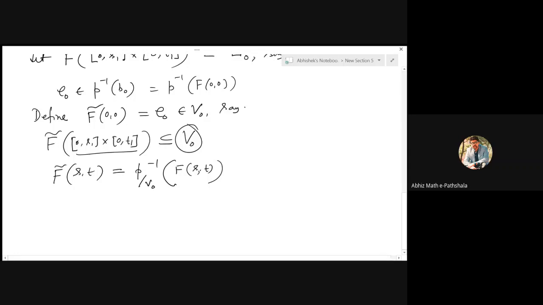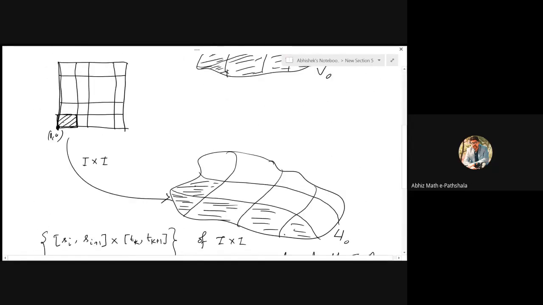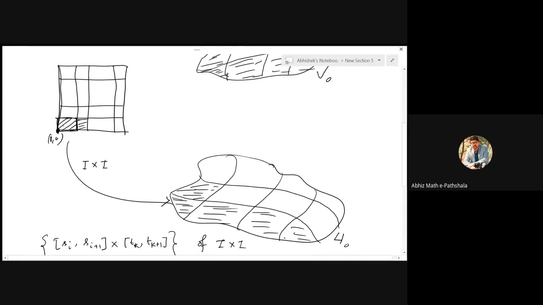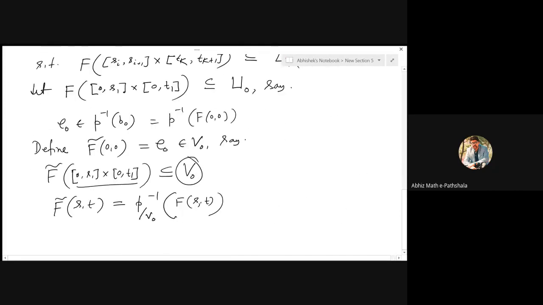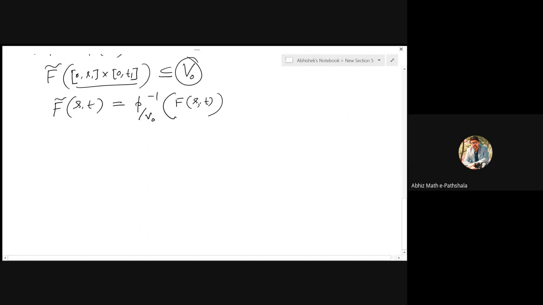So you cover this first small unit square. Then you go to the second one in the bottom line, this one. That is, you consider the small square S1, S2 cross 0, T1.